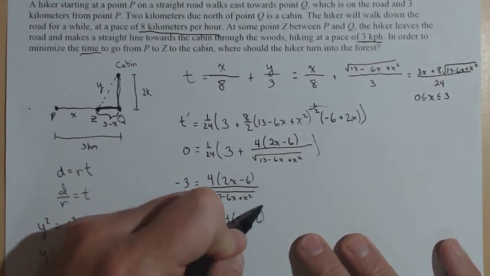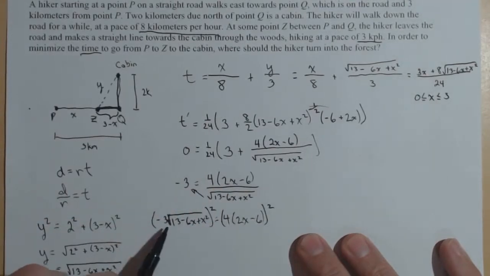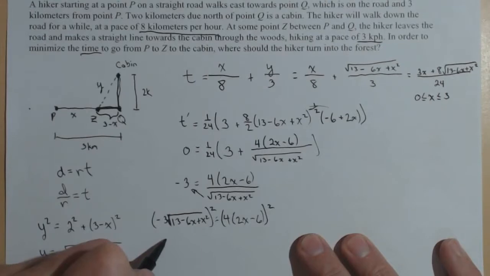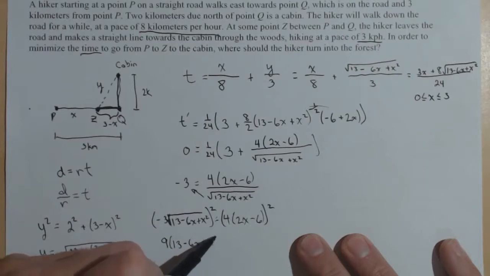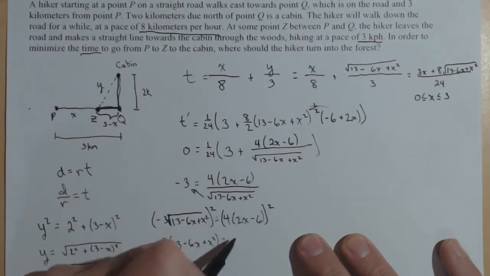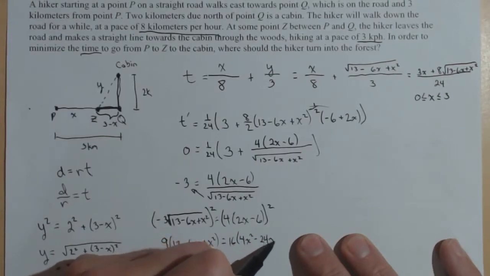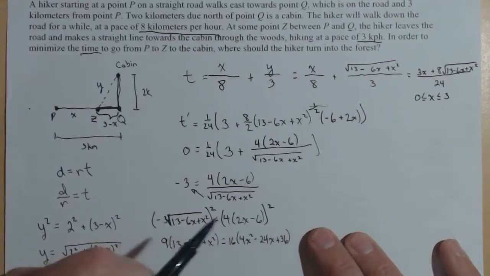And now I'm going to square both sides to get rid of this radical. Remember, that means you have to square everything. So negative 3 squared is 9 times 13 minus 6x plus x squared. And on the other side, again, everything gets squared, so 16 times 4x squared minus 24x plus 36.